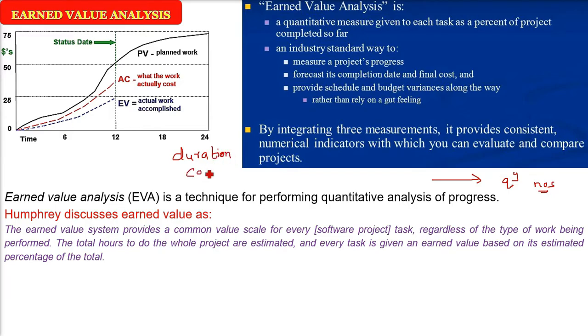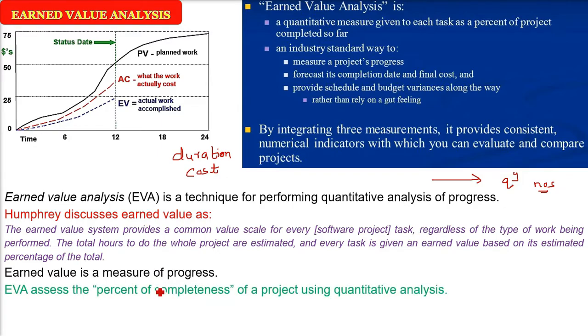That is, you will get the duration and you will get the cost at a particular point, a particular juncture of your schedule. So earned value is a measure of progress. It is also a measure of percent of completeness. As I said, it gives us the quantitative analysis.